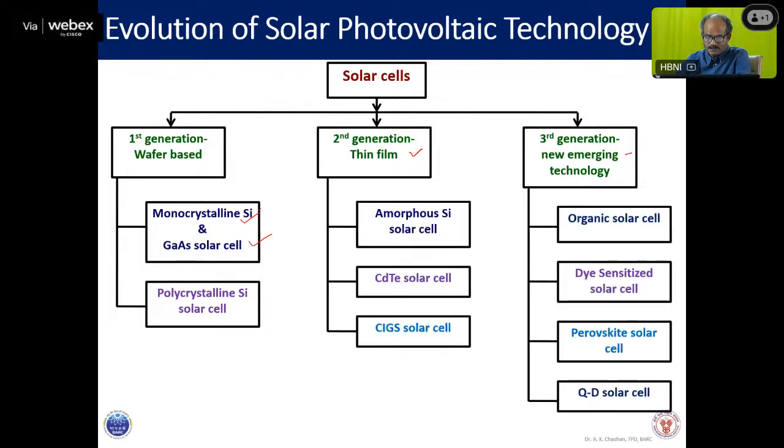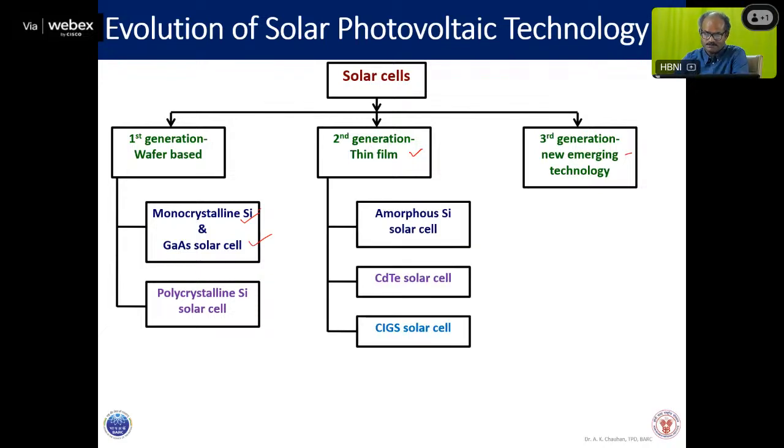Next comes the second generation solar cell, which is thin film based. In the first generation we had to use wafers. Wafers are slightly thicker, maybe maximum is 1 mm, but even 1 mm is quite thick. So a lot of material is required.